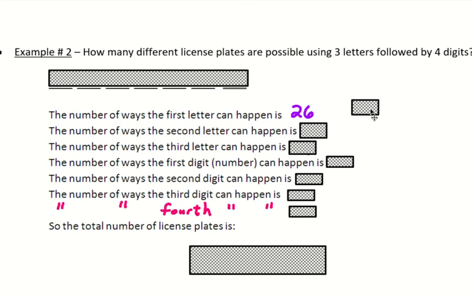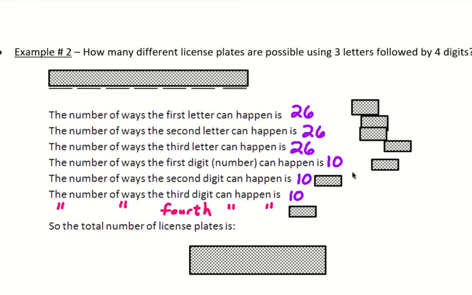Then how many ways could the second letter happen? 26. How many ways could that third letter occur? 26. And then how many different choices are there for the first digit? There's 10. Don't forget about 0. Not just 1 through 9, but also including the 0. There's 10 options for each digit.